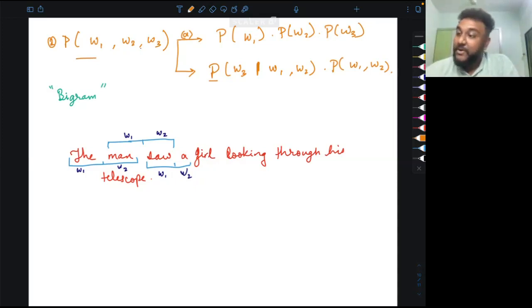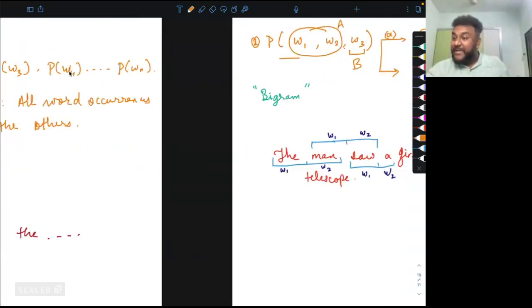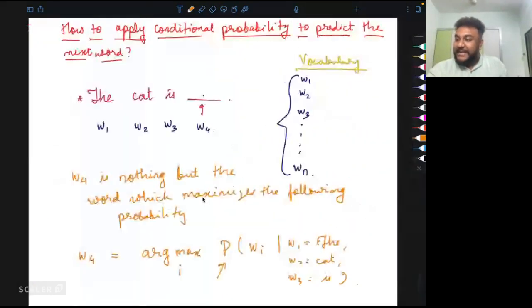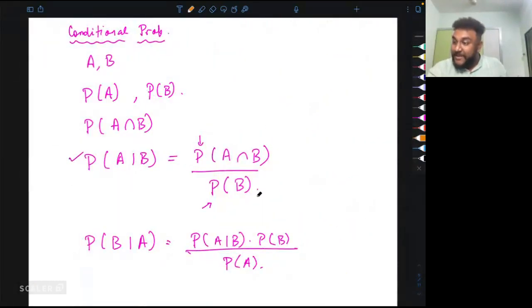Because I am clubbing W1 and W2 as an event A, and W3 as my event B, and I'm simply using the conditional probability formula that I had over here. A is nothing but W1, W2 together, B is just W3.